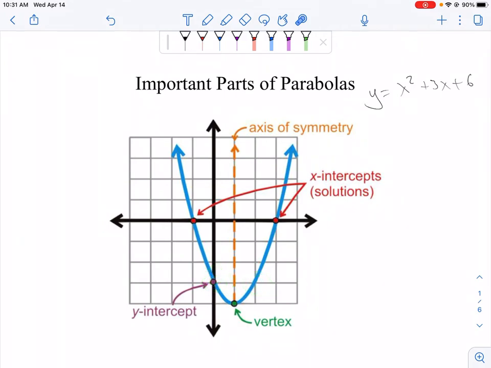So here's our axis of symmetry at 1, like x equals 1. And so if I go one number smaller than that, let's see, I'm going to create an x and y table. A number smaller than 1 would be 0, and then the next number smaller is -1. And then if I go larger, I have 2 and 3.